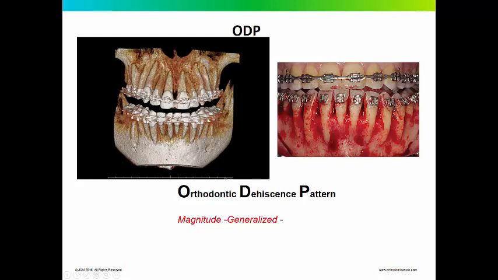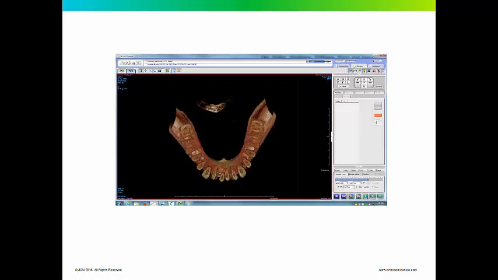I would also further go on and say that it's an unnatural phenomenon. You wouldn't see this type of situation occur naturally in most cases. Orthodontic dehiscence pattern is unique to orthodontic treatment.